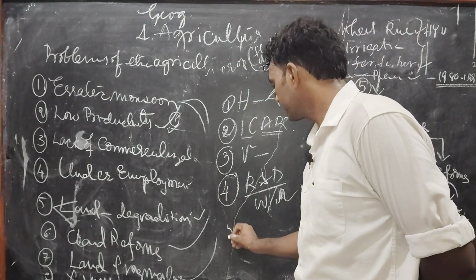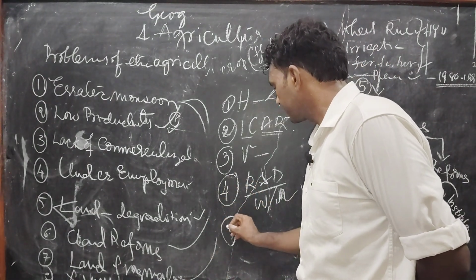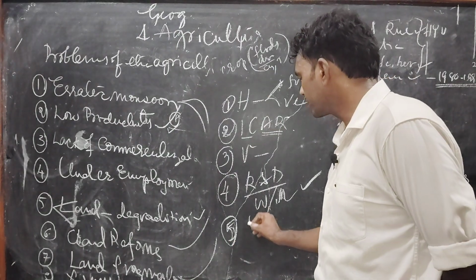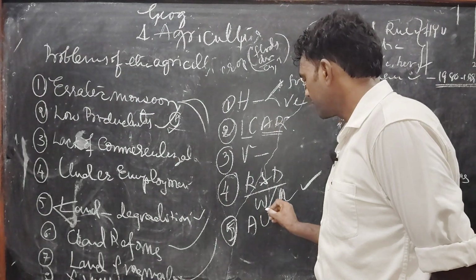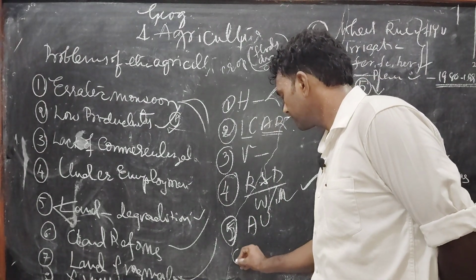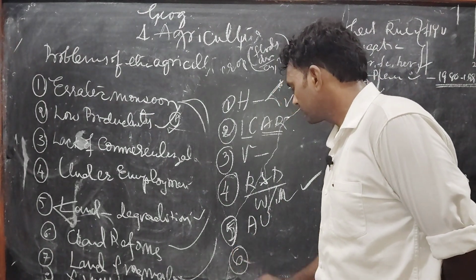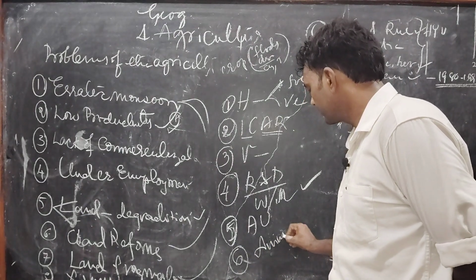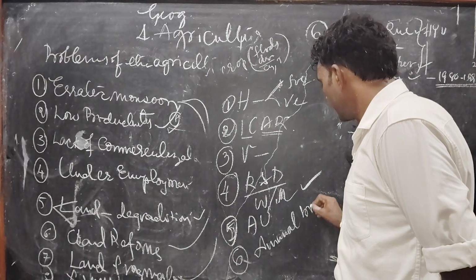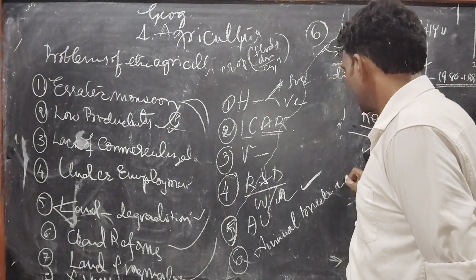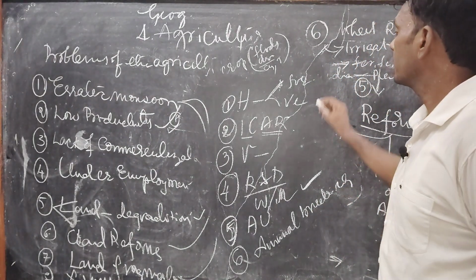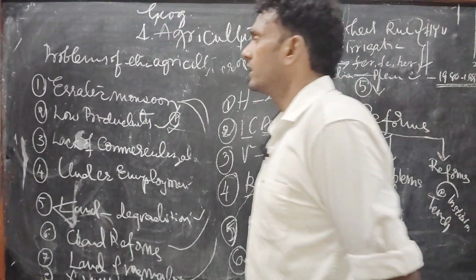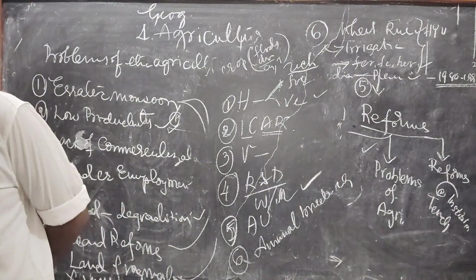And fifth one, agriculture universities. Sixth one, animal breeding centers. Is it clear? These are the technical reforms. These reforms are very helpful for the development of Indian agriculture.